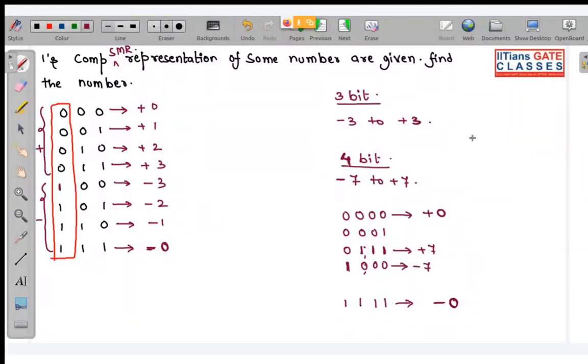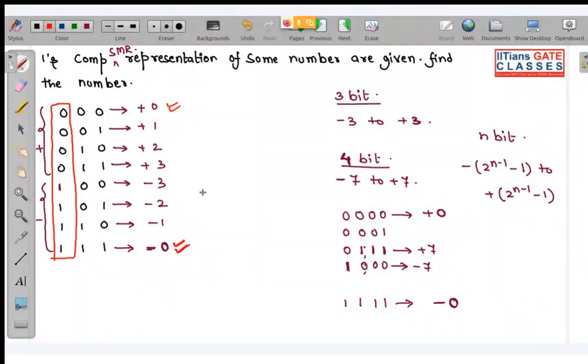Now if I generalize it to n bits, the range of numbers that I can represent using one's complement sign magnitude representation is -(2 to the power n-1 minus 1) to +(2 to the power n-1 minus 1). Okay, is this clear? Now you can see one thing, that 0 has 2 representations in one's complement.